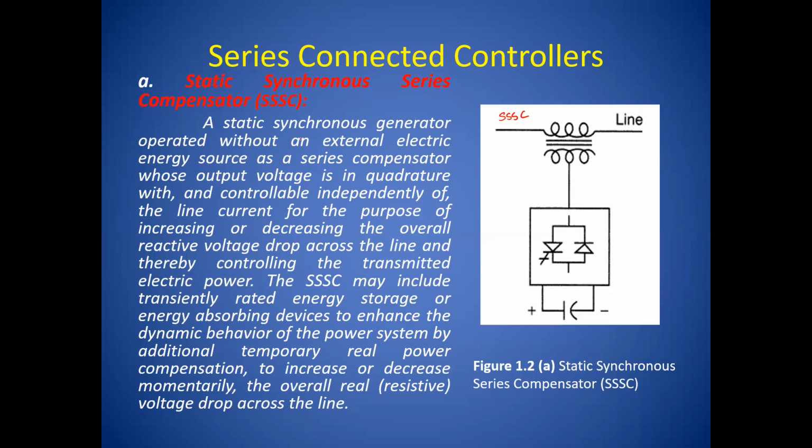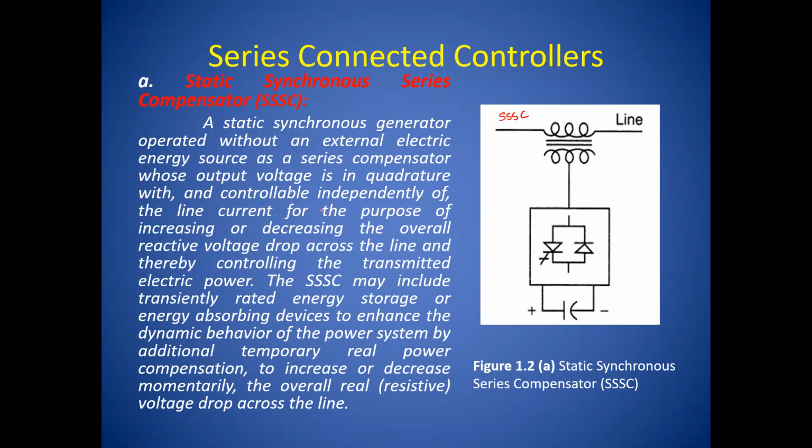Now, a static synchronous generator operated without an external electrical energy source as a series compensator, whose output voltage is in quadrature with the transmission line voltage and controllable independent of the line current. The same definition applies as before.